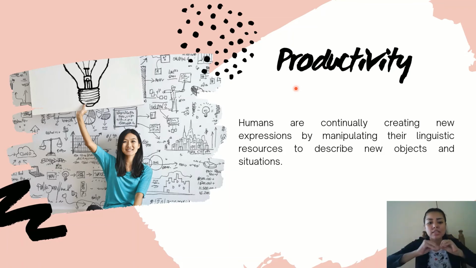So animals have a limited set of signals, but humans can create a new word. Remember, this property, productivity, is like imagination, the power of imagination.